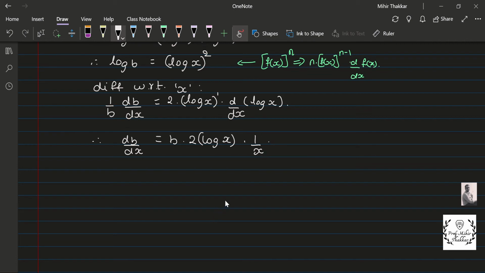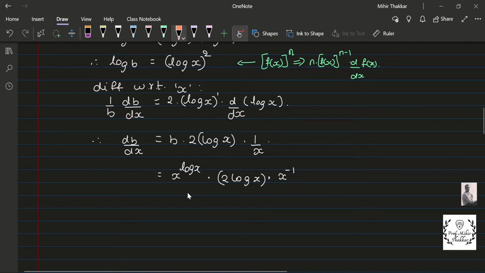Now what I can do is I can resubstitute over here the value of b, which is x to the power log x, into 2 log x, and 1 by x can be taken as x to the power minus 1. Now for these both terms, I can use the rule of indices, as you say, a raised to m into a raised to n is equal to a raised to m plus n.